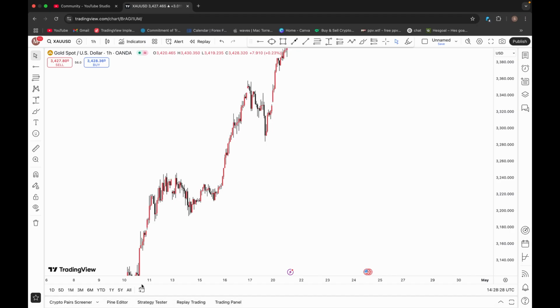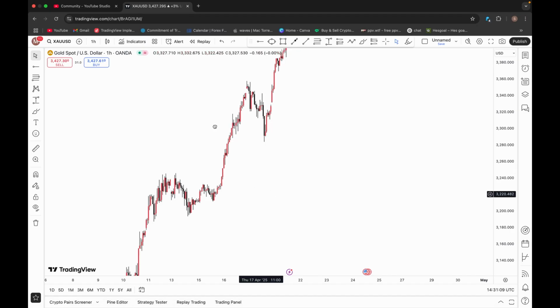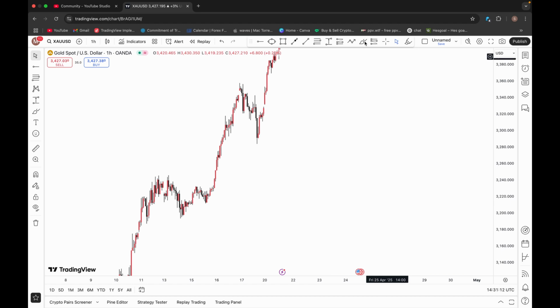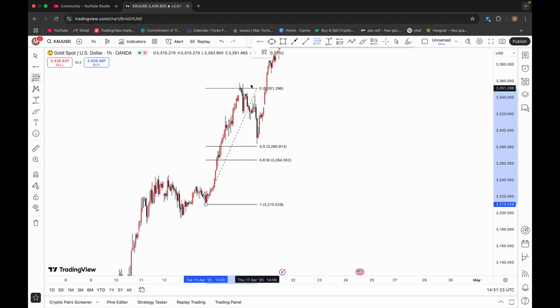Okay, so if we look at this, right, very simple. As market was ebbing and flowing, we had this rally, base, rally. Right, so in this case, it means I was focusing on this low and the high, right, before we had the reversal. And this is your H1 time frame.